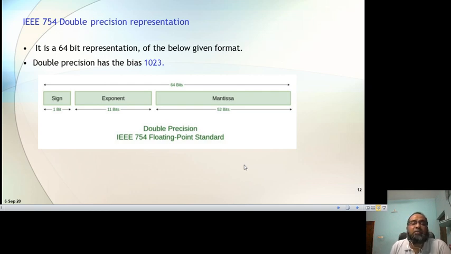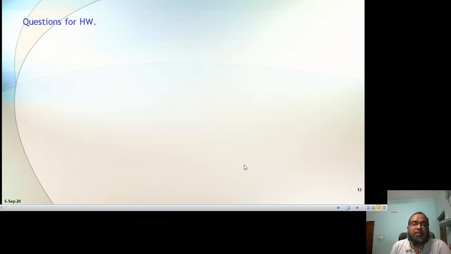In single precision it is 127, but here it is 1023, and the mantissa has 52 bits. Double precision means the number is more accurate and more precise, which is why it is called a double precision number. Even very small numbers can be represented using the double precision standard.